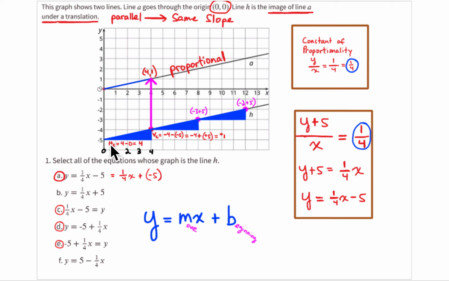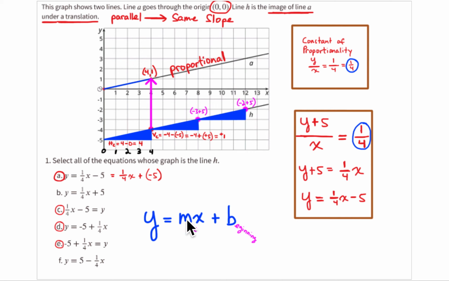Now you can also look at this as 1 unit in the horizontal direction, 1/4 of a unit in the y direction. 1 unit, 1/4, 1 unit, 1/4. So that 1/4 repeats throughout. So that's the slope, and it gives you the idea of movement along that line.